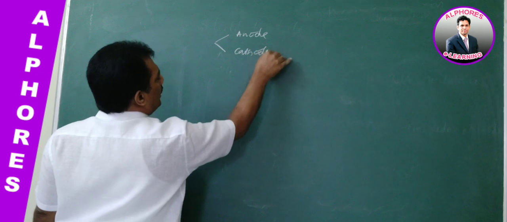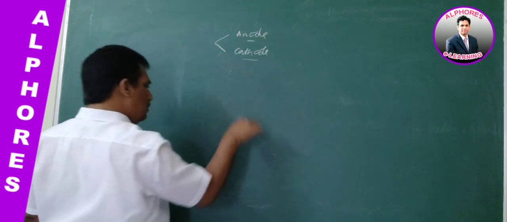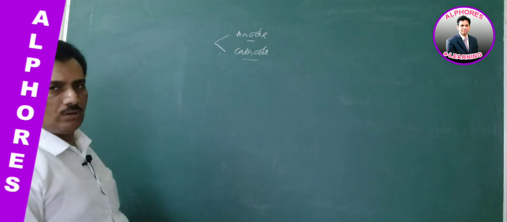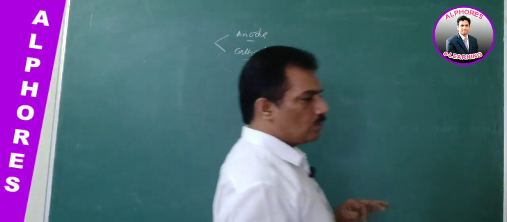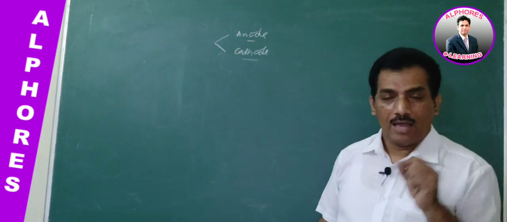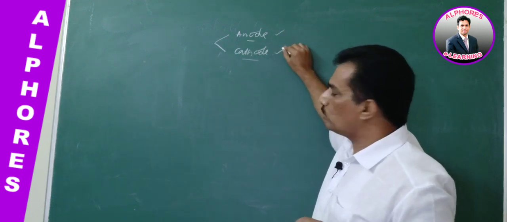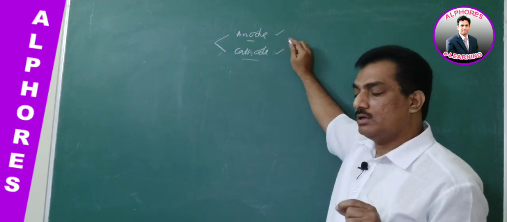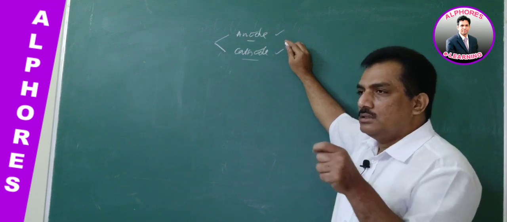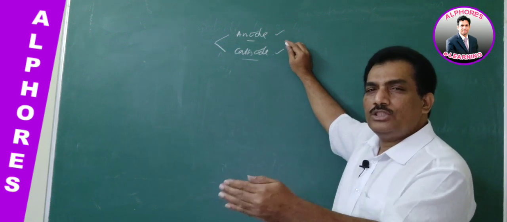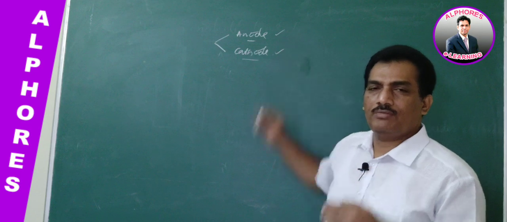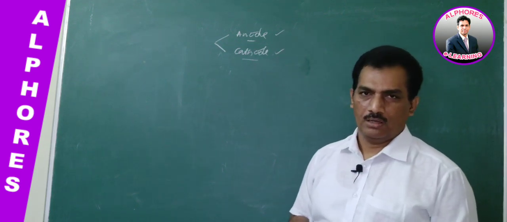And you remember, every metal, non-metal electrode or whatever it may be, the electrode constructed has a chance to behave either as anode or cathode. The chance depends on the nature of the other electrode which is used for the construction of the electrochemical cell. Clear?